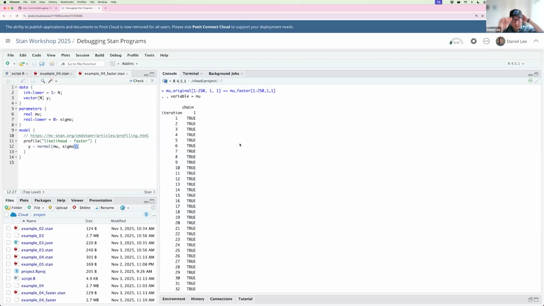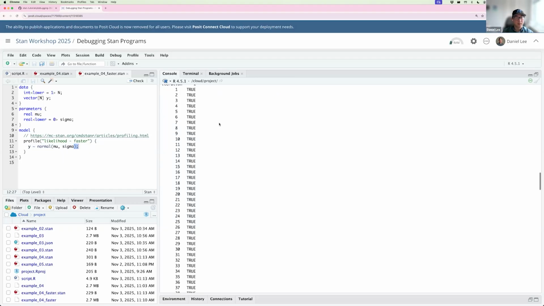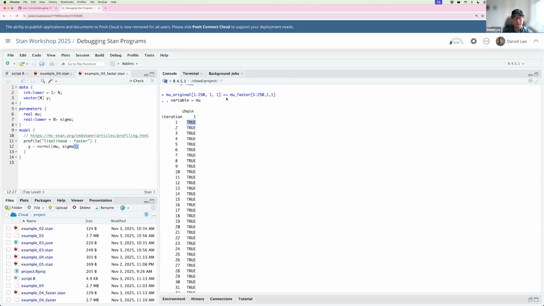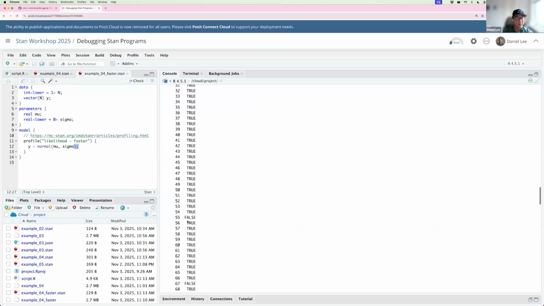As it's going through the Hamiltonian Monte Carlo, you're going to see that the original and the faster version stay together until iteration 55 of warm-up. And when I say that, we can look at iteration 55.